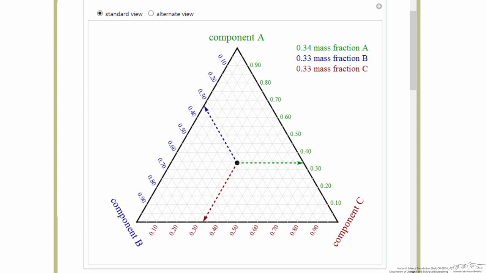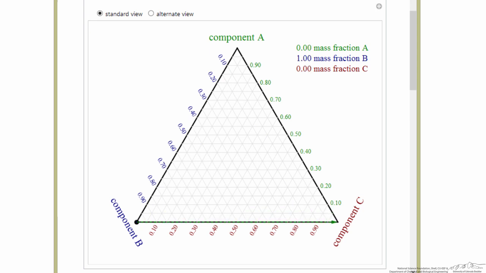So we have about 33% of A, B, and C. In this case, to make it 100%, we have 0.34 mass fraction of A. So if we wanted to be 100% A, we would be on that apex. If we want to be 100% C, we would be at this apex, and so forth.